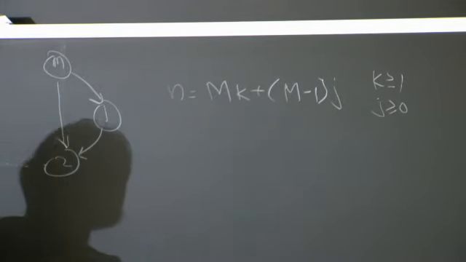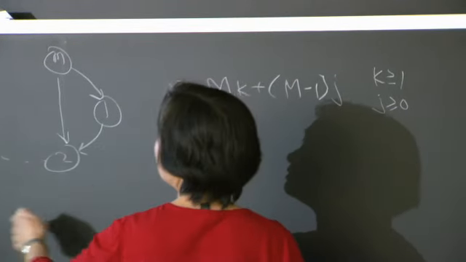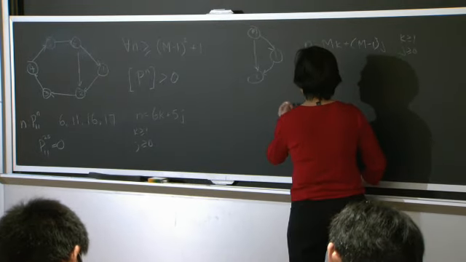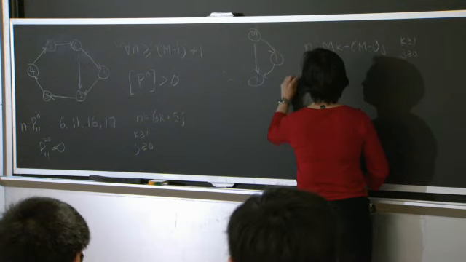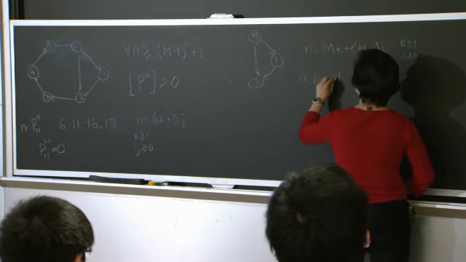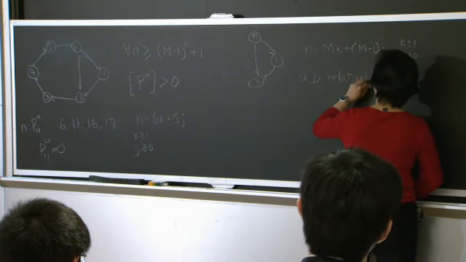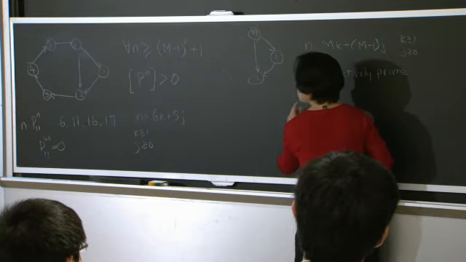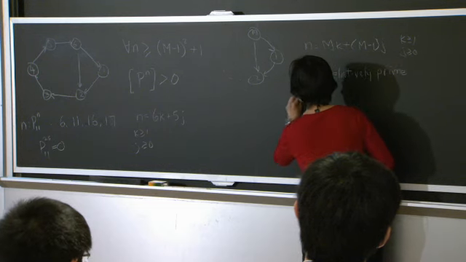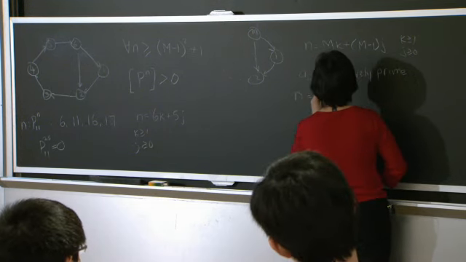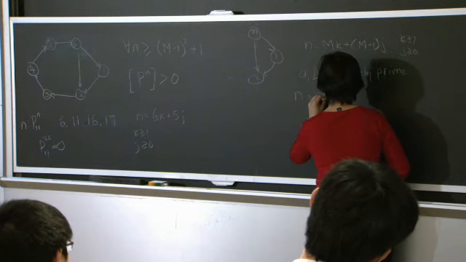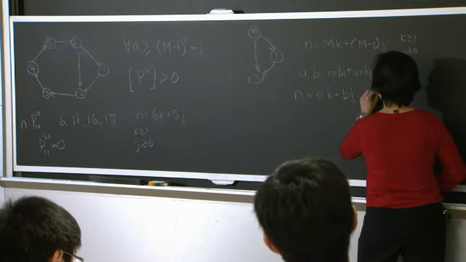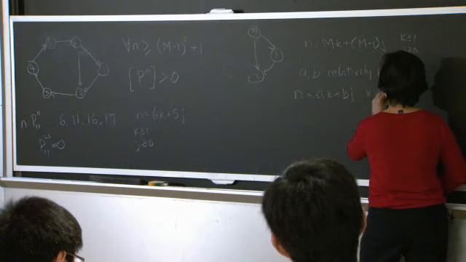Okay, so how do we get this bound? Well, there is an identity that says this: if A and B are relatively prime, then we want to find the largest n such that n cannot be written as Ak plus Bj, with k and j greater than or equal to 0.